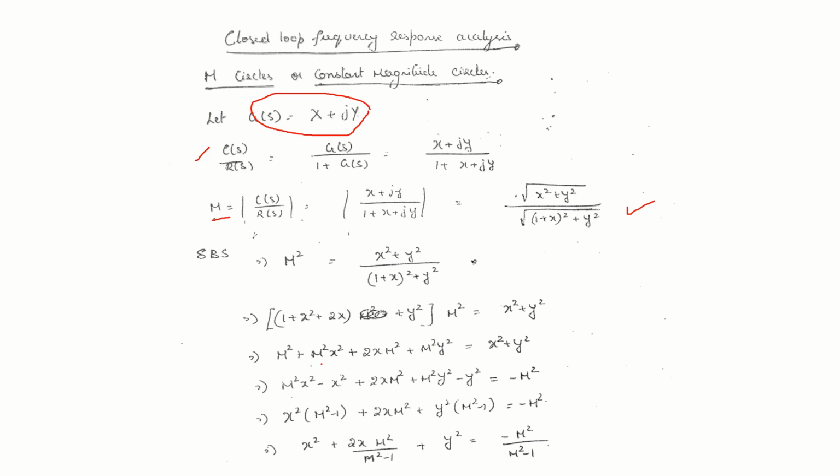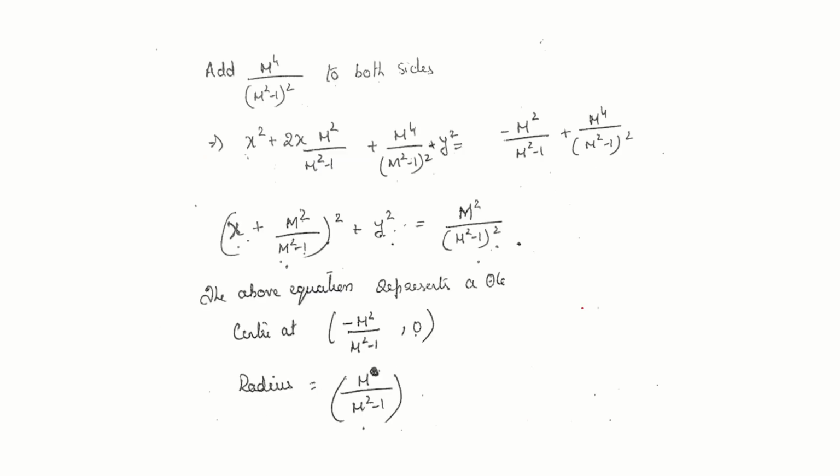Let me rearrange these things. If I reorganize, I'll get an equation like this. Let me add m to the fourth to both sides. I will get an equation like this.